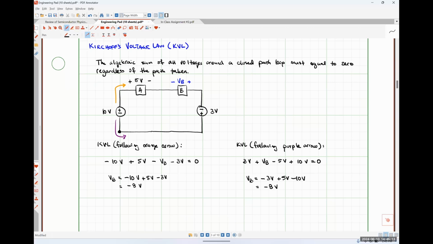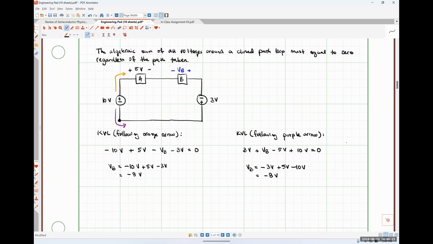All right, let's increase our level of difficulty here by giving you a little bit less information and also introducing a dependent source.